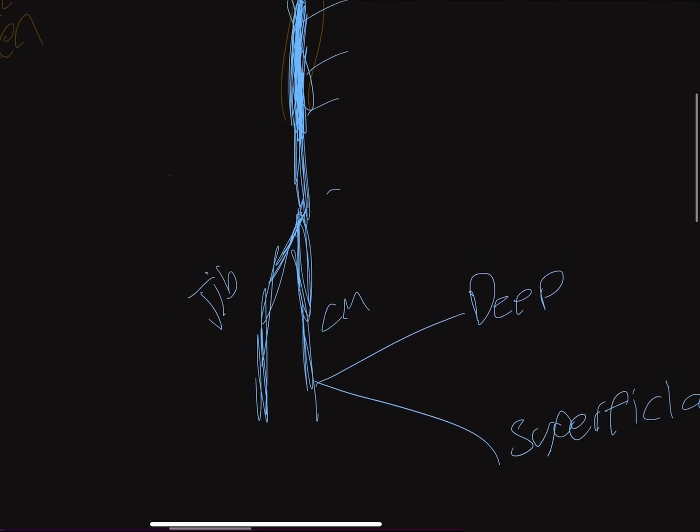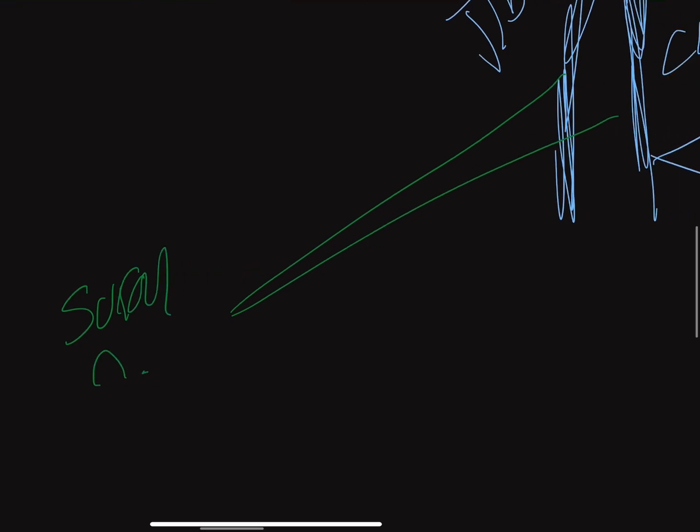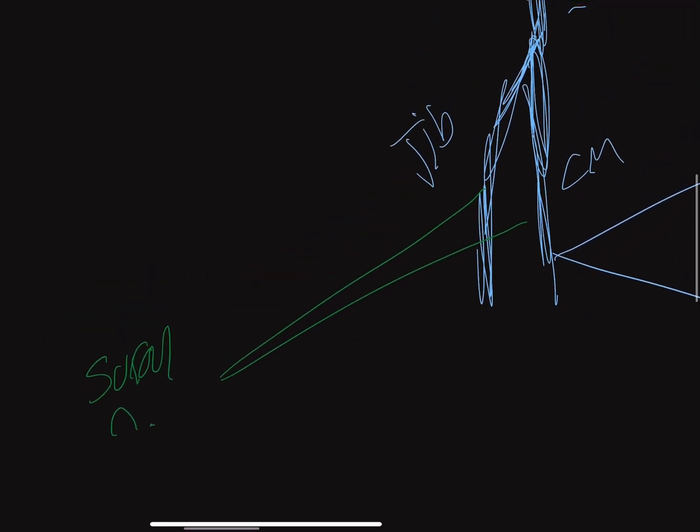Now, this tibial and this common peroneal are going to make what's called your sural nerve. Now, your sural nerve is when these two meet and then they become their own thing, right? But this one and this one have their own names.